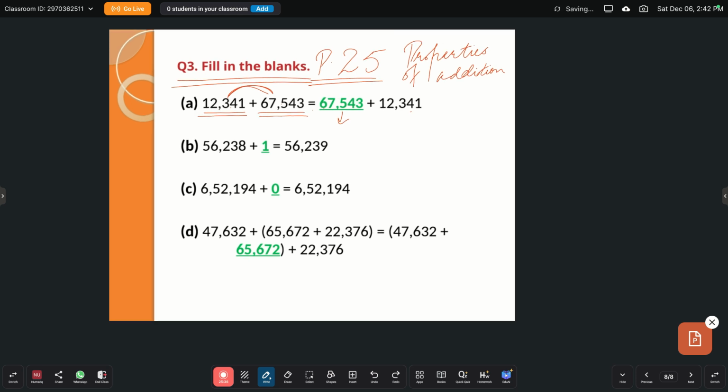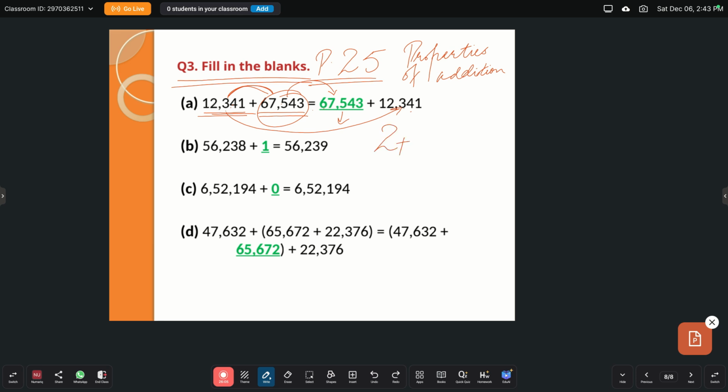It's not given here, so there is the blank in your book. You have to think like this: if this is the first addend and this one is the second addend, here the first addend is at the second place. It means that our second addend will be at first place.